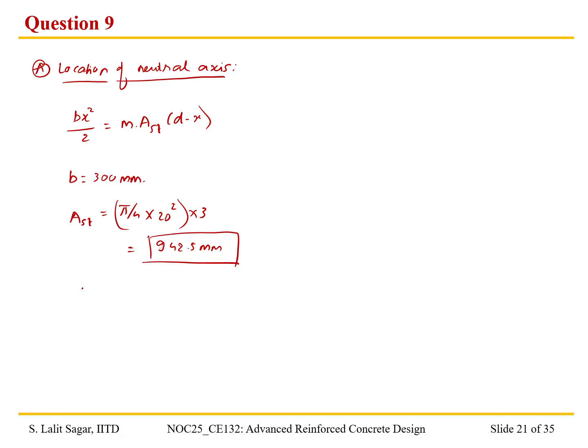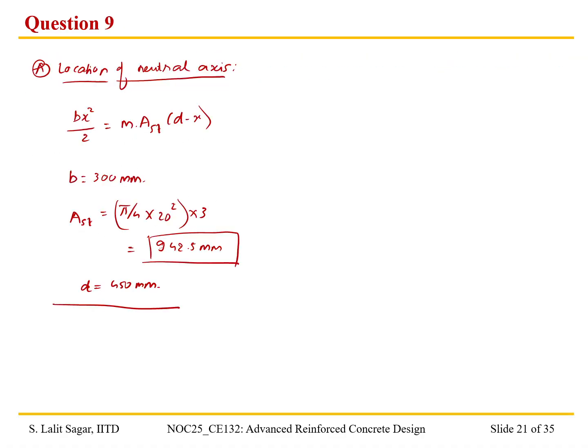That is the value of Ast. And then we have the value of d. Okay, d is 450 millimeter, right? And we can start solving the problem. But before that, we need to find out the value of m, right?